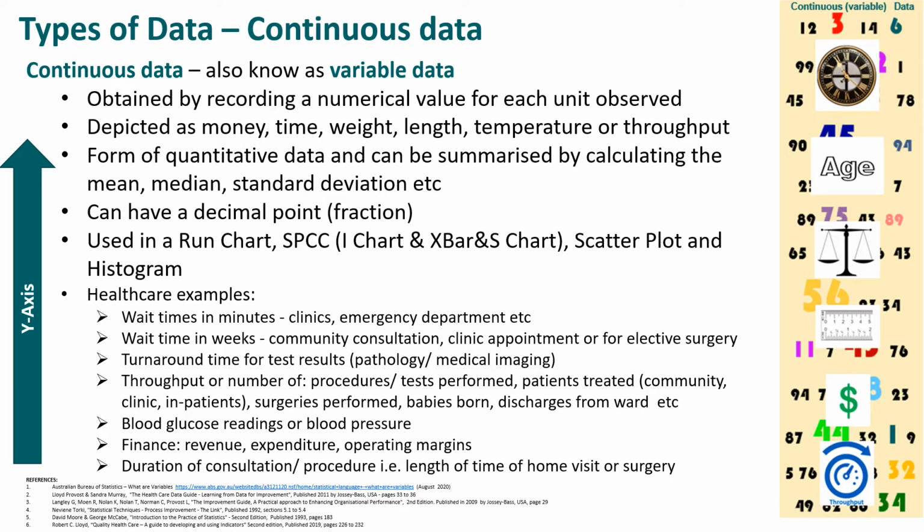Some financial examples are revenue, expenditure, or operating margins. And another example might be the duration of a consultation or a procedure, such as the length of time of a home visit or the length of time of a particular surgery.